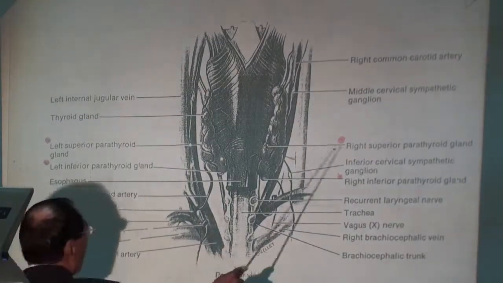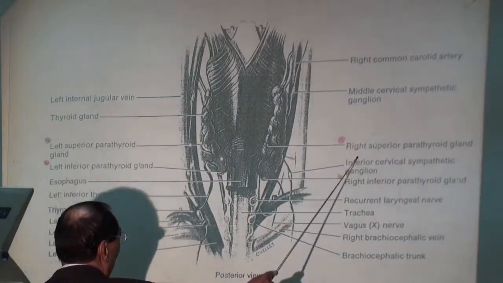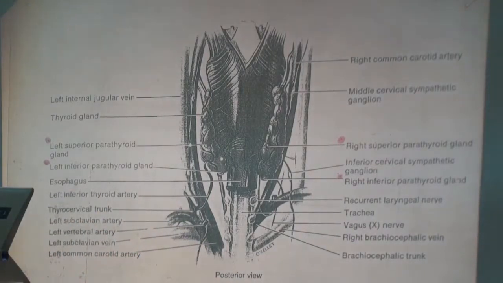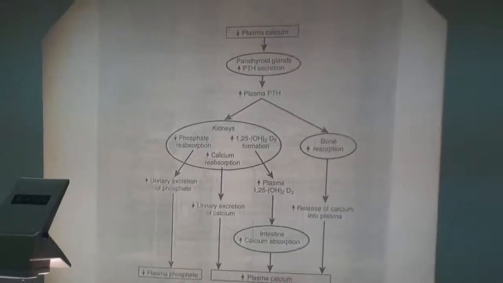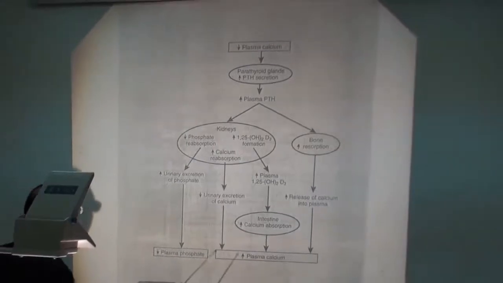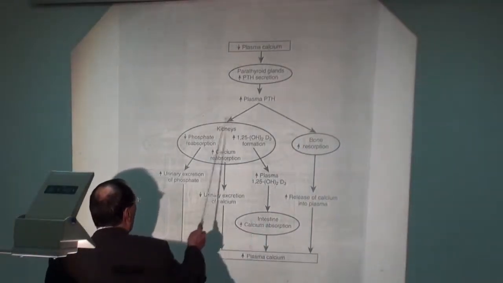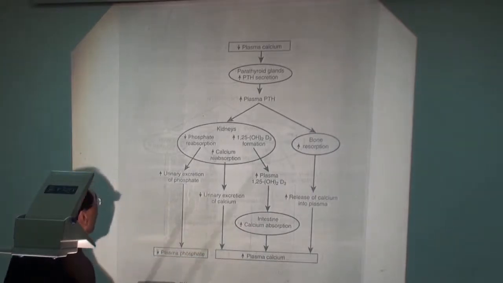The cells in all these four glands produce a hormone called parathyroid hormone. The parathyroid hormone functions on bone and on the kidneys.